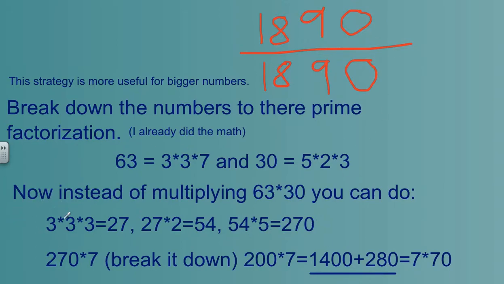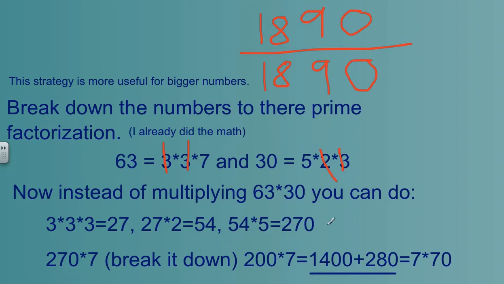So 3 times 3 times 3 is 27. Now we can multiply that by 2, which is a pretty easy multiplication. 27 times 2 is 54. So we can now take off the 2. And 54 times 5 is 270.